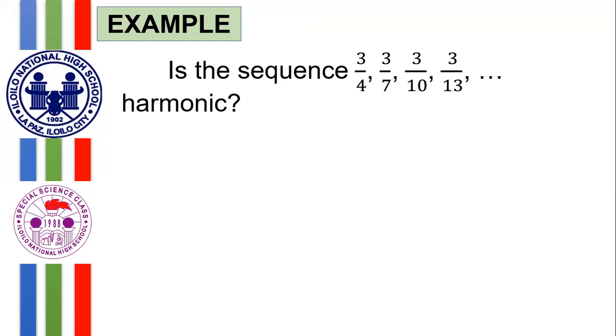Earlier, to check if it's harmonic, it should be the reciprocal of an arithmetic sequence. This time, we will be doing the reverse. To determine if the given sequence is harmonic, its reciprocal should be arithmetic. If its reciprocal is not arithmetic, then the given sequence is not harmonic.